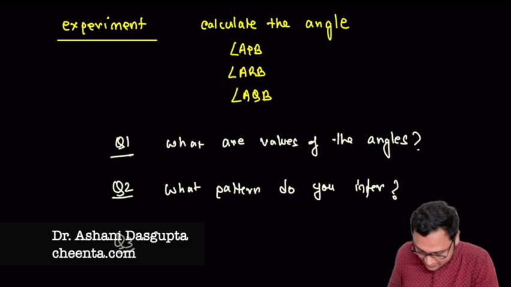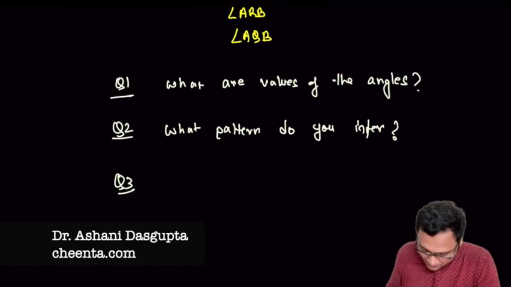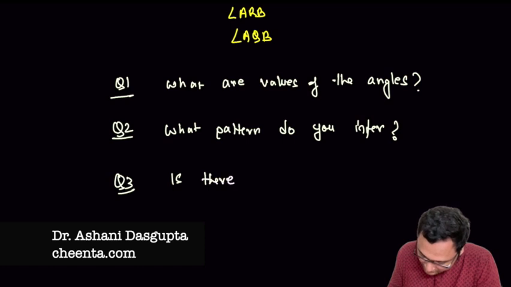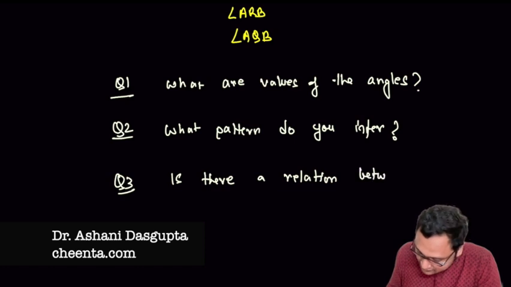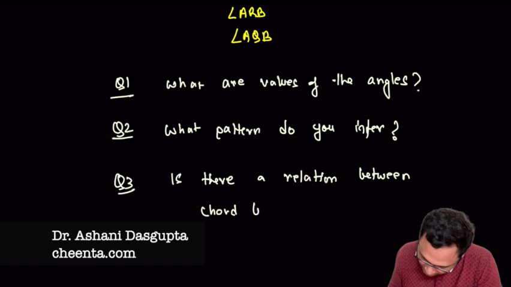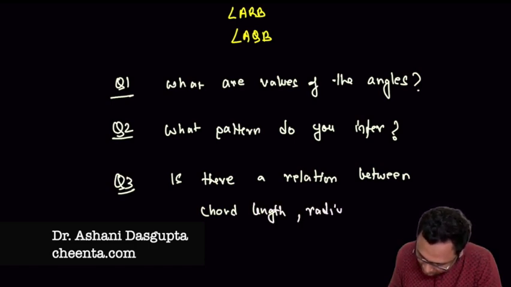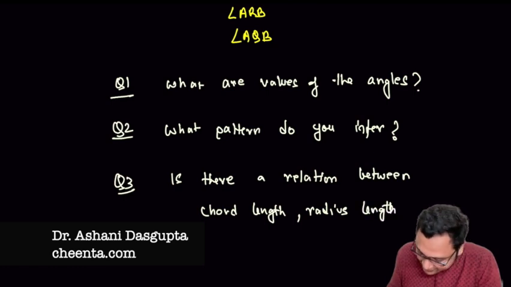Question number 3, and this one is kind of tricky. Is there a relation between the chord length, the radius length, and the angle?